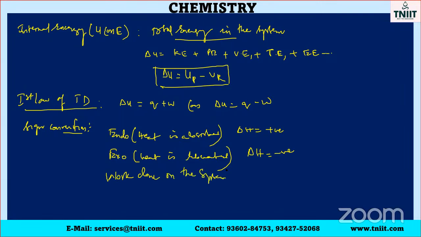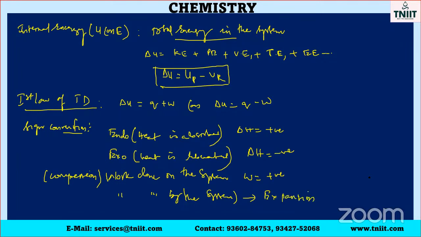When work is done on the system, W is positive. Work done on the system means compression. If gas is compressed, work is done on it. When work is done by the system, it means expansion. It happens by itself, so the gas expands. When work is done by the system, work done has a negative value. So this is the sign convention.